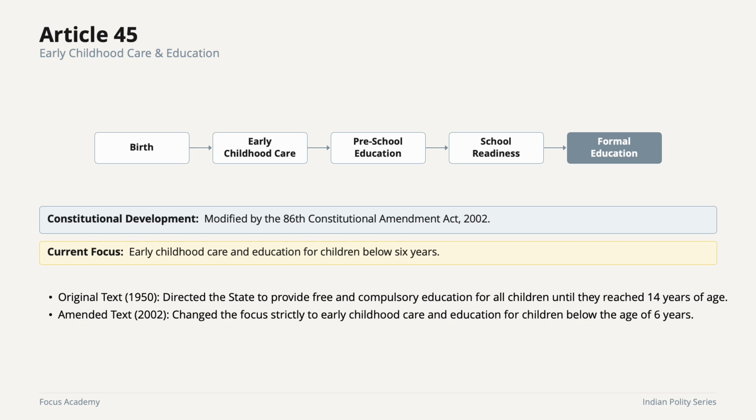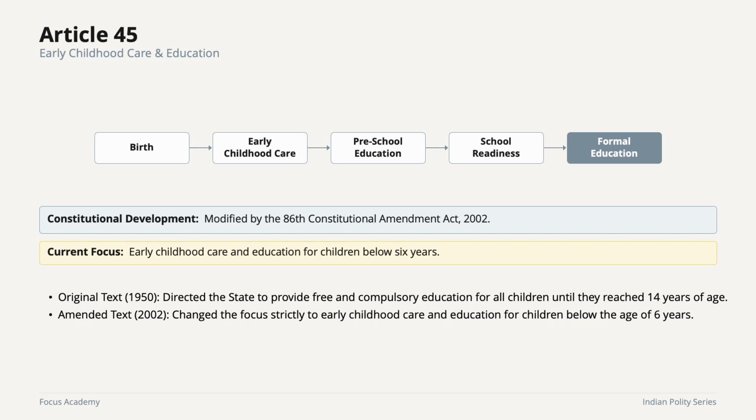Can anyone answer? Because in the original text, as you can see, until they reach 14 years of age, free and compulsory education. But in 2002, they changed it to below the age of 6 years. Why? Because for children between 6 to 14 years, it was shifted to fundamental rights. We studied about Article 21A, right to education.